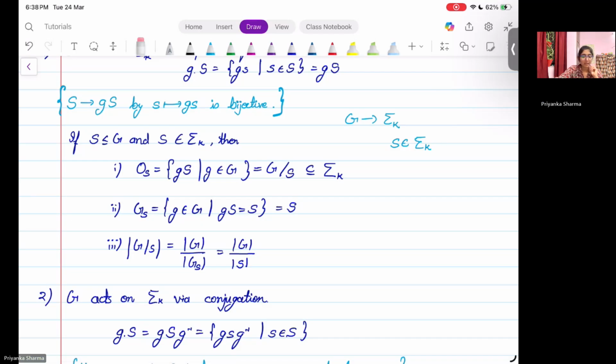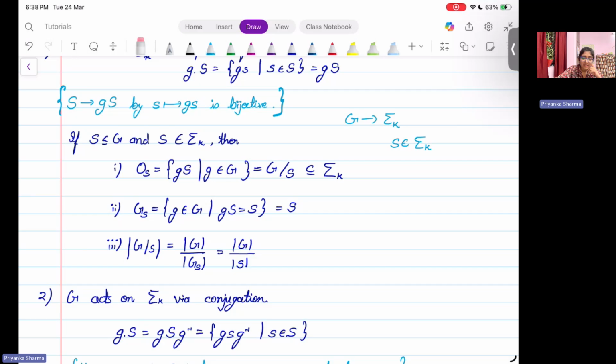Now we can see this is the orbit decomposition theorem. That is the cardinality of the set of orbits, which is the cardinality of G mod S. This is the cardinality of the group divided by the cardinality of GS.